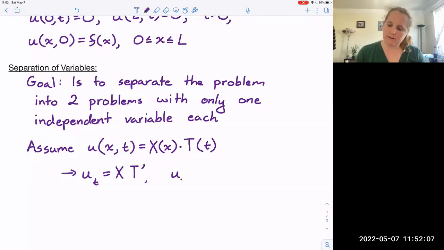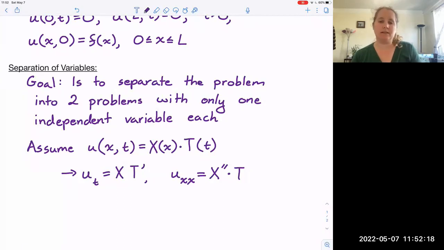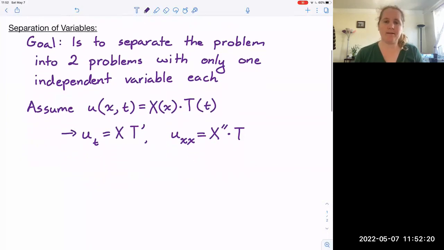The second partial with respect to x of u would be the second derivative of X times T. Again, these are all capital X and T at this point on the right-hand side of our equation.